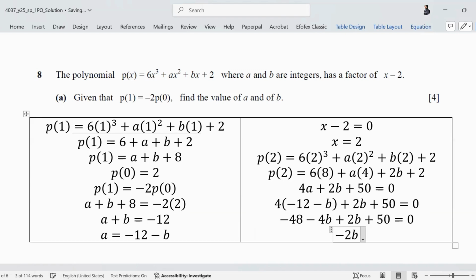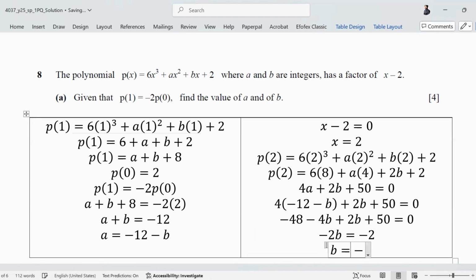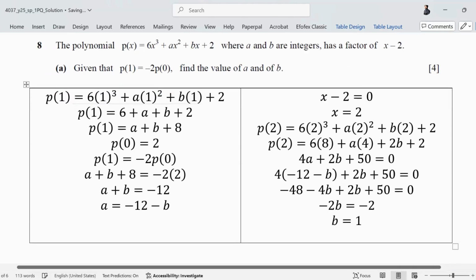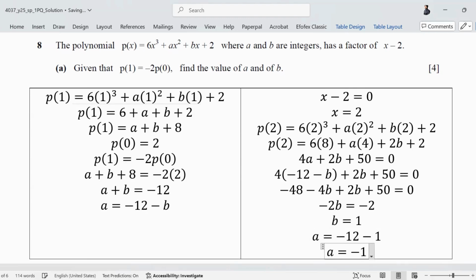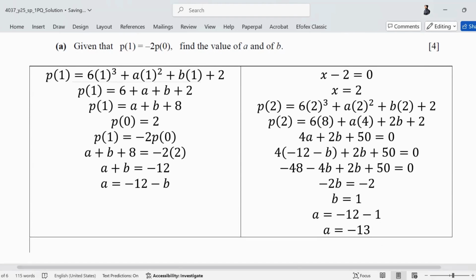So minus 2b is minus 2, and the value of b is 1, sorry. And the value of a is minus 12 minus b, so the value of a is negative 13. So these are the values of a and b that we will end up with.